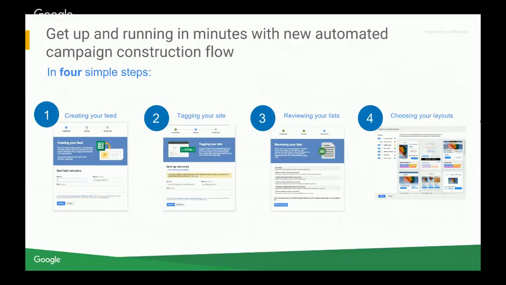It's very important to mention that these four steps are pretty automated, which wasn't implemented in our previous AdWords platforms. Now, when you create a campaign, you are taken step by step through creating your feed and tagging your website.